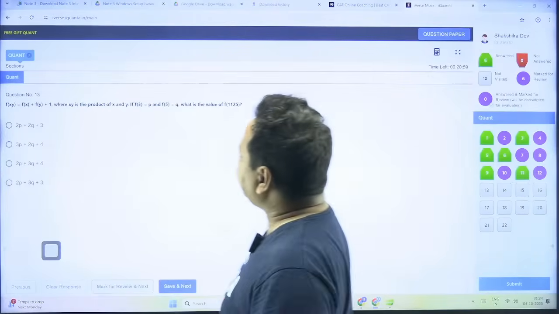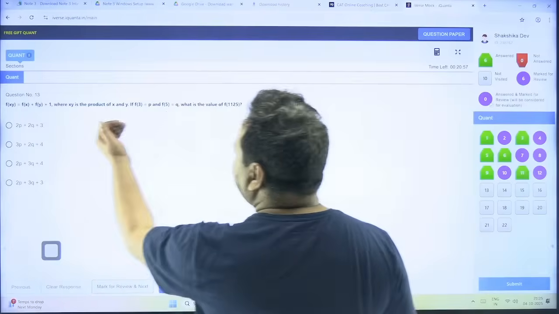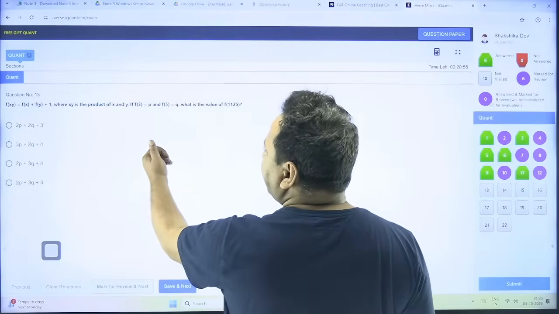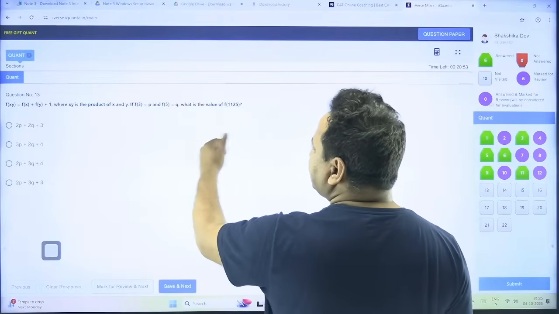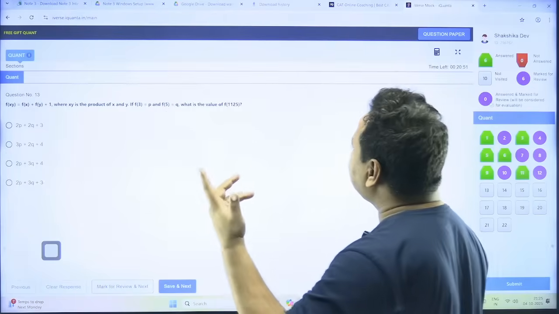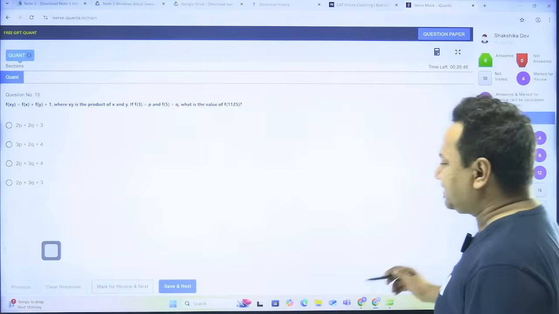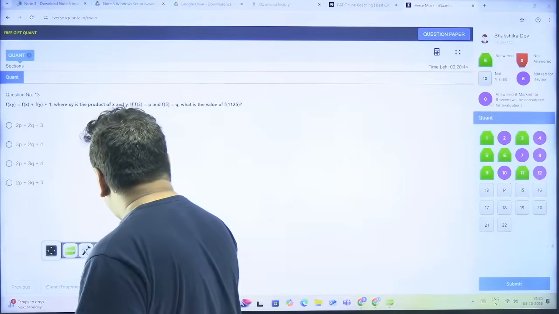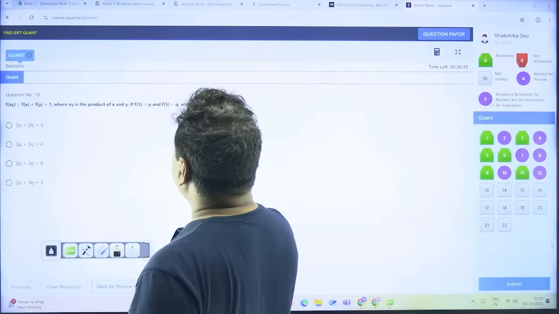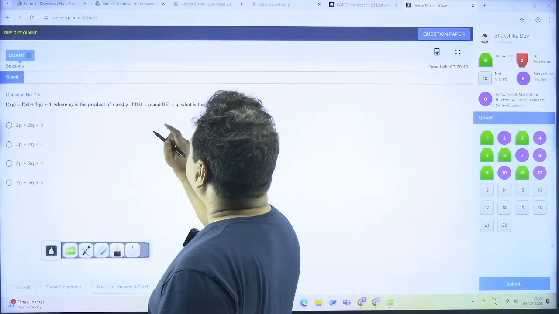Now it says f(xy) is f(x) plus f(y) plus 1, where xy is the product of x and y. If f(3) is p and f(5) is q, find the value of f(1125). Nice question. So here I'll do one thing. f(3) is p, that is given to us, and f(5) is q.